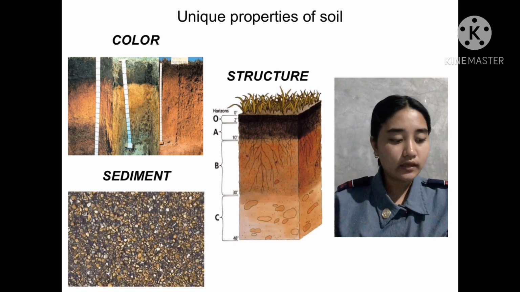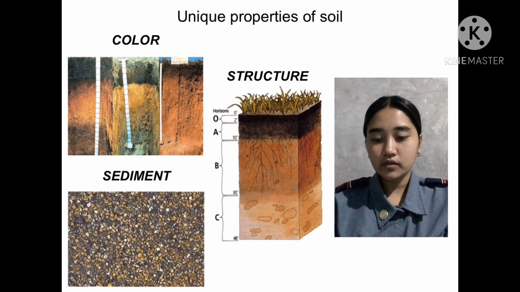And the next one is structure. So, yung structure indicates whether a soil is composed of a single grain particle or not. This is determined by the presence of PEDs, clumps.